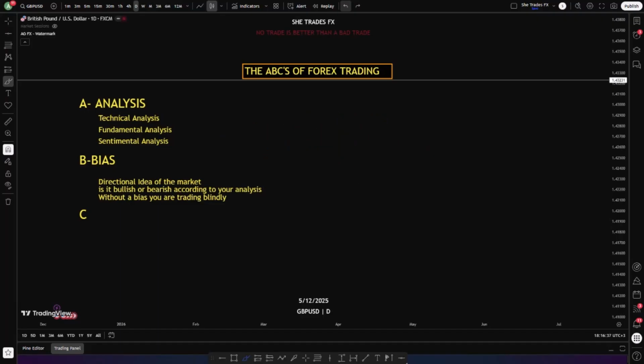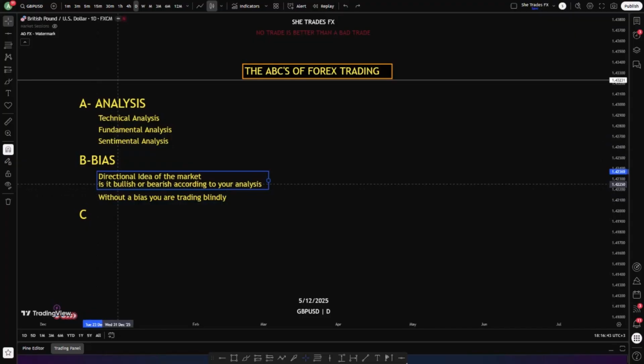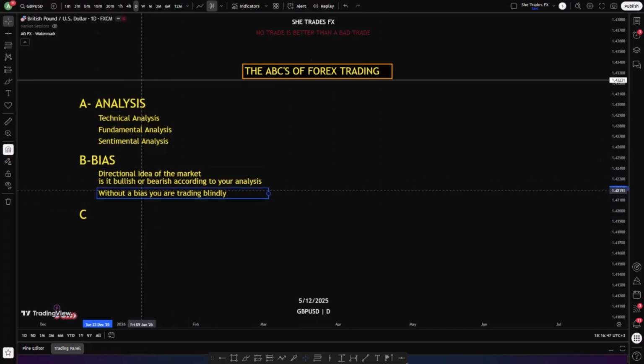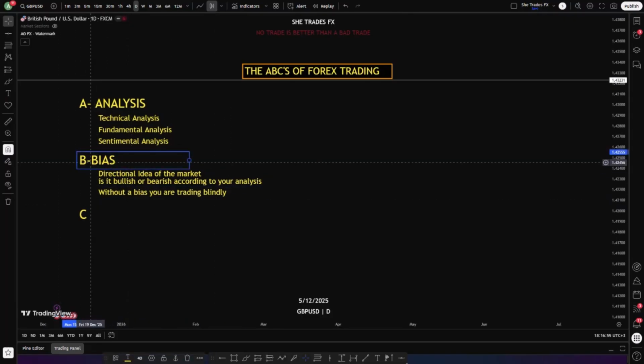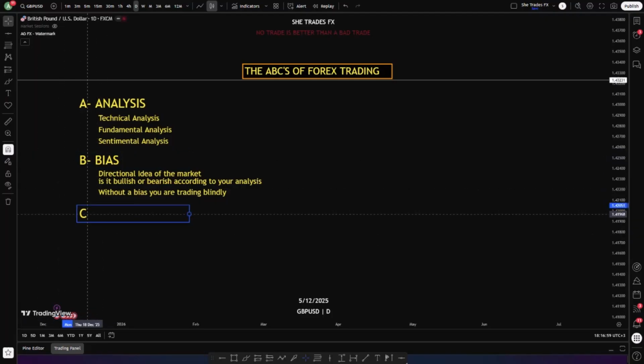The stock market proceeded to crash, but there are people that made money off of that, because they were doing fundamental analysis. A plane has just crashed into the twin towers. What does this mean for the American economy? So the result was the market crashed, right? So have a bias. Don't trade blindly.